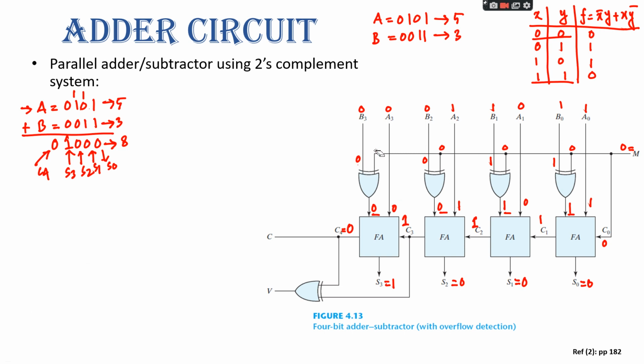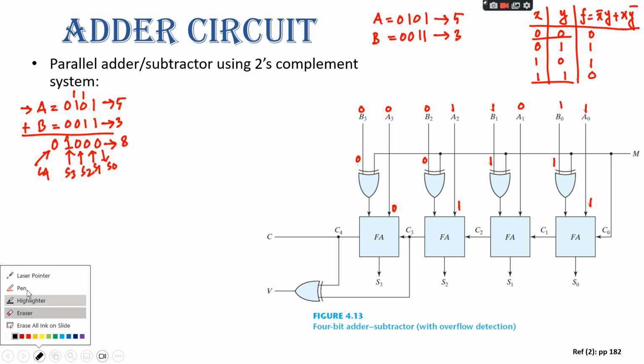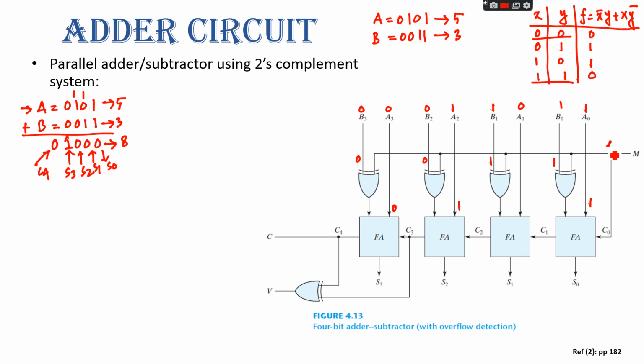So now what I am doing here, I will just change the control command here, and see what happens. Our numbers would be the same, just we are changing the control command to 1.